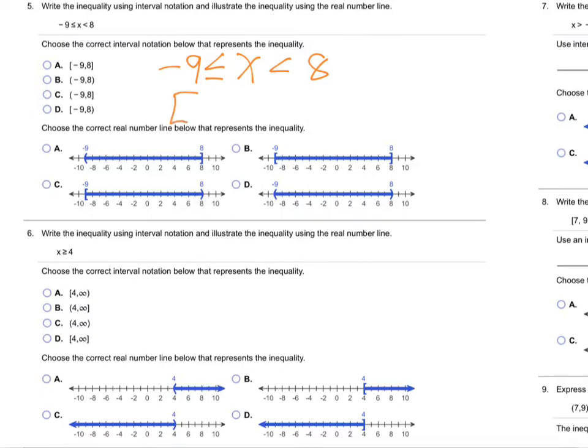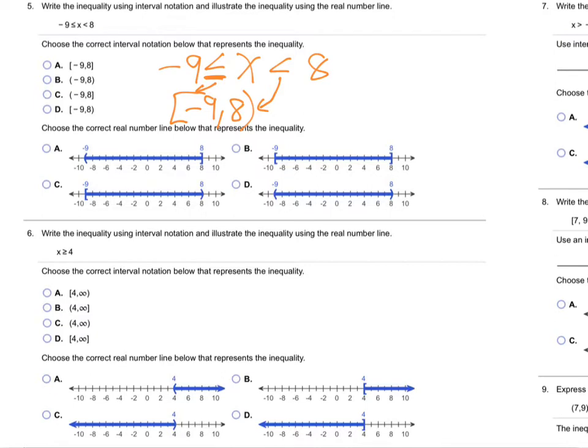So this would be bracket negative 9, parenthesis 8. Again, because the equals means a bracket. I have a saying: bar bracket, BB, bar bracket. So if you have an equals bar, that becomes a bracket. And the 8 has no bar, so there's no bracket. It's a parenthesis. So that might help. Bar goes with bracket, B with B.